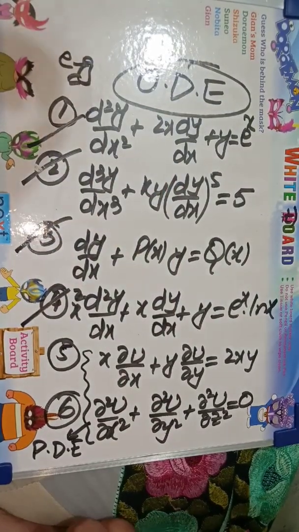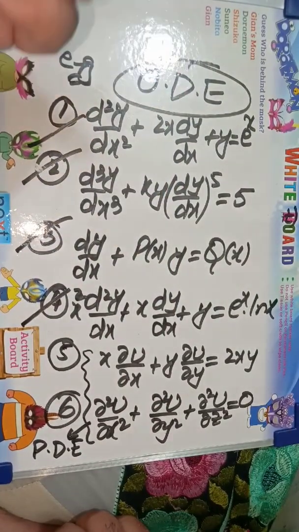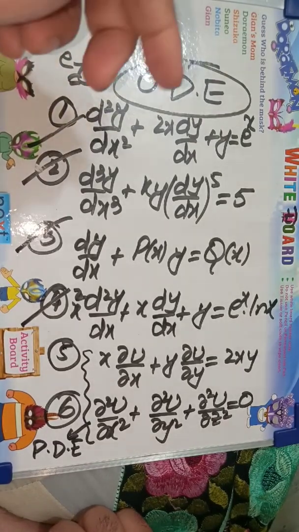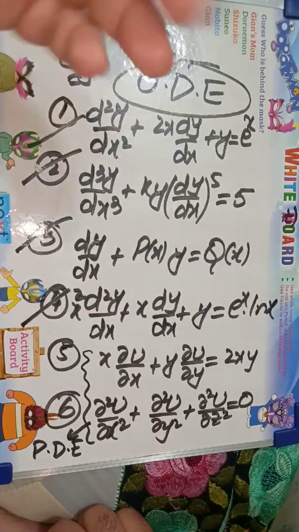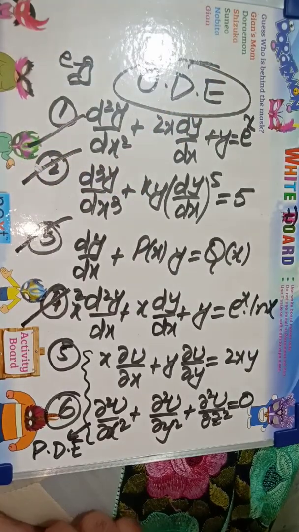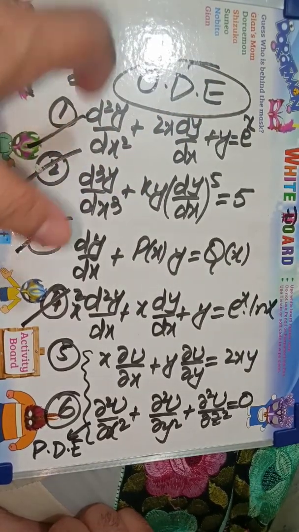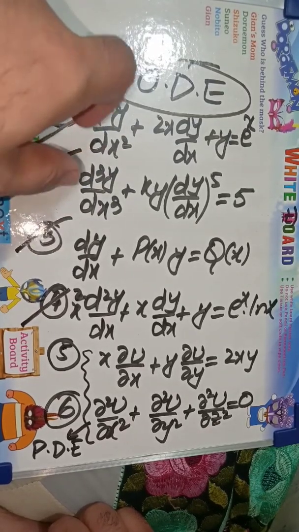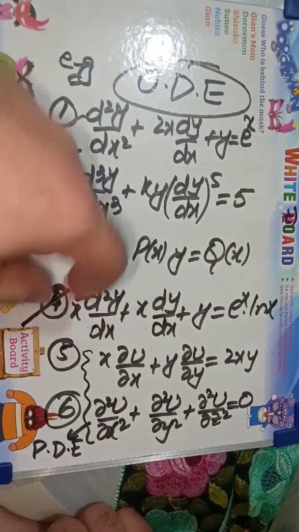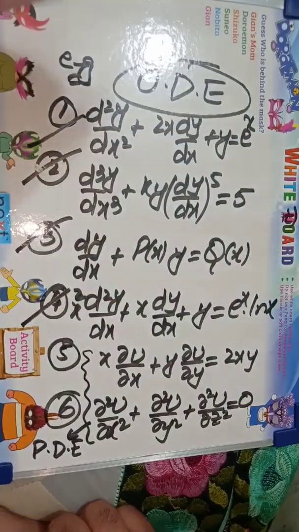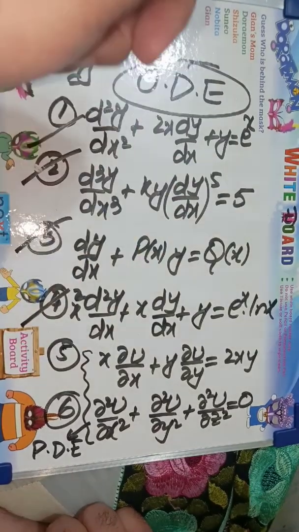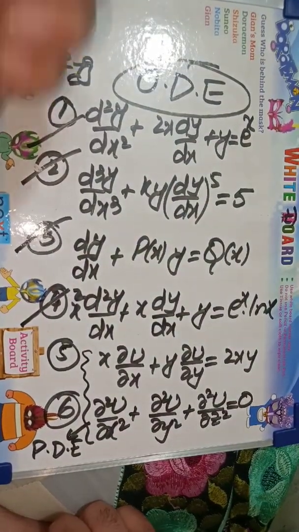So it means that our differential equation contains only one dependent variable, but can contain one, two or more than two independent variables. So if a differential equation contains only one independent variable, then it is an ODE, and if it contains two or more than two independent variables, then it is a PDE, partial differential equation.